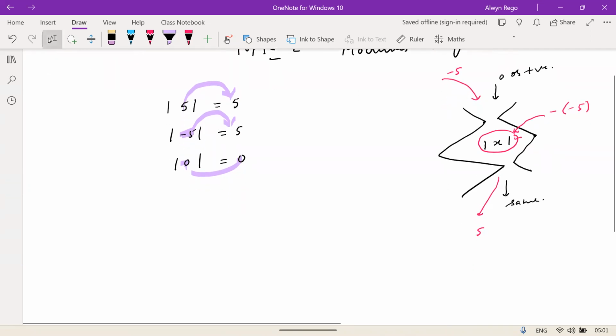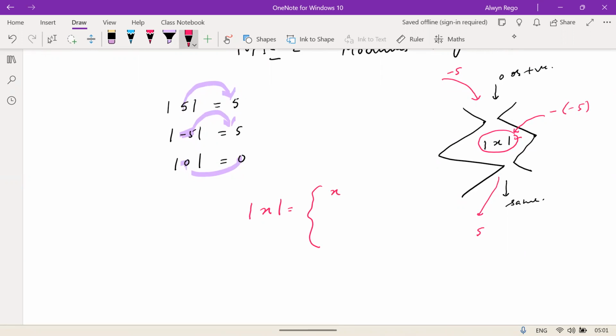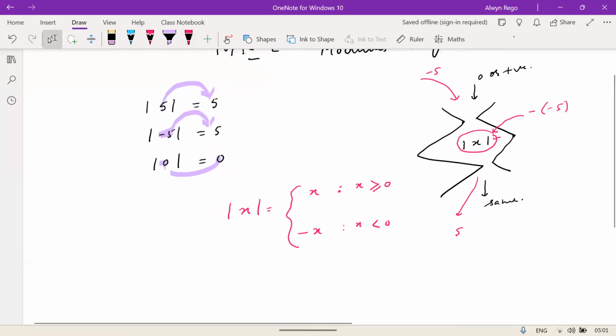So in other words, I can say the modulus of x is the number itself if the number is more than or equal to 0, but it'll attach a negative sign to the given number if the number itself is less than 0. So if the number is negative, it acts on it and makes it negative, so the negative of negative becomes positive here.